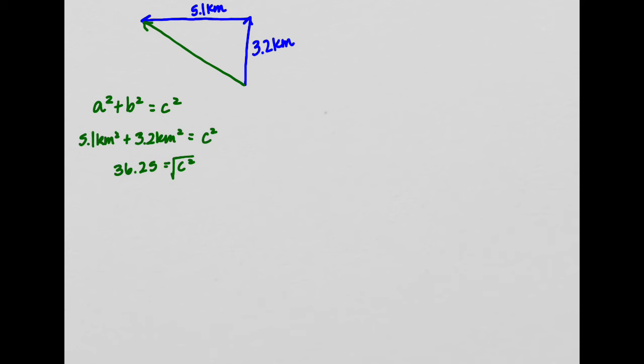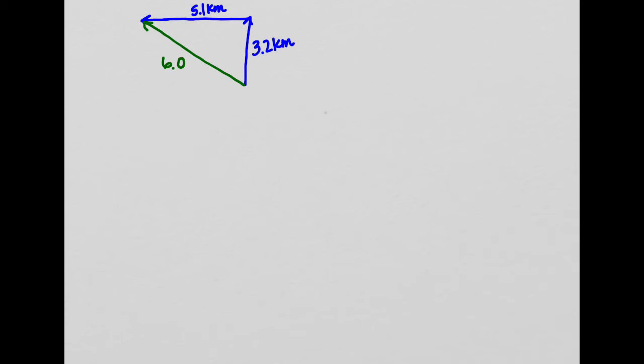If I take the square root of both sides, I get that c equals 6.02. Let's just do correct significant figures, so we'll just do 6.0. So there we solved for the magnitude of our resultant. That's in kilometers. Now I want to know the direction.